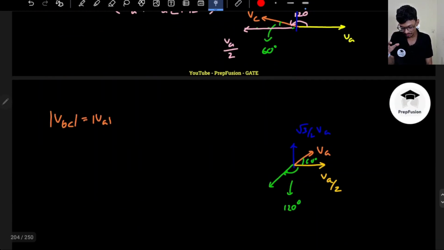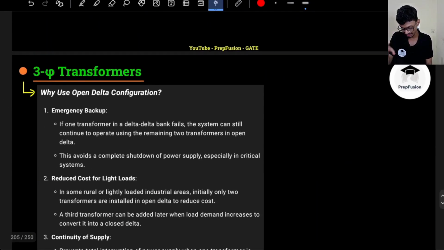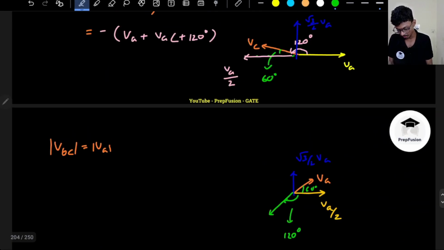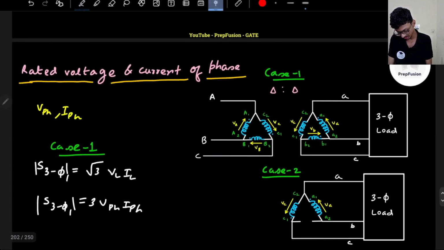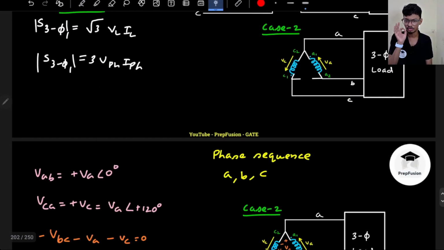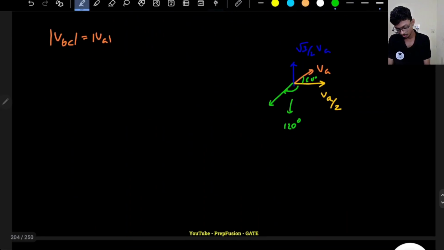If it was totally connected, the power transferred was root 3 VL IL. For an open delta connection, the apparent power expression, we are not deriving it because derivation won't be asked, will come out to be VL into IL.